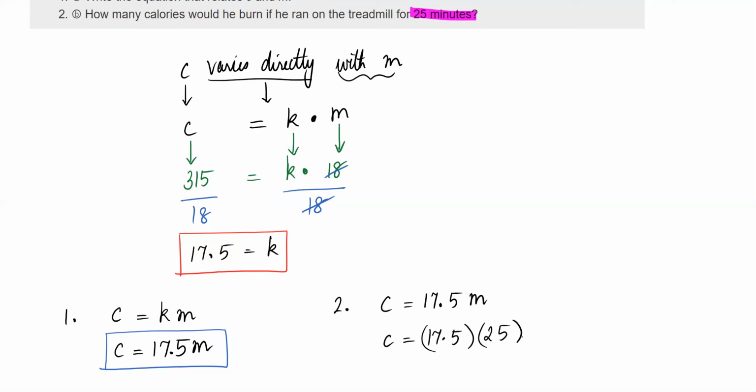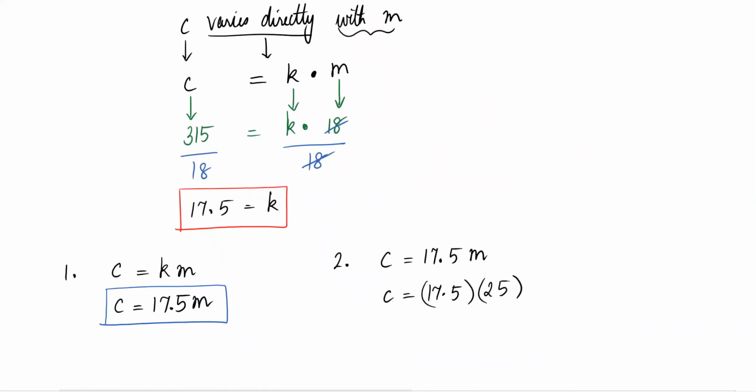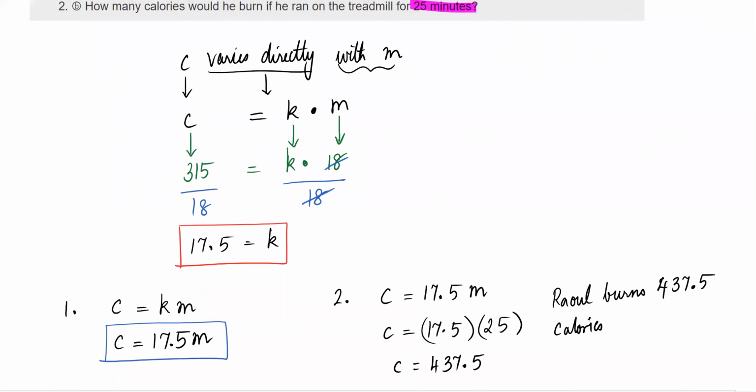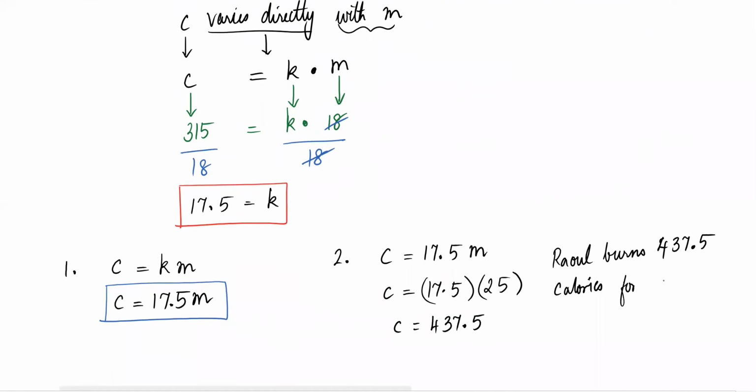Okay. So we have C equals 437.5. Remember, they're asking about the number of calories, so we have to interpret this. Okay, so we'll say Raul burns, or would burn, 437.5 calories for 25 minutes on the treadmill.